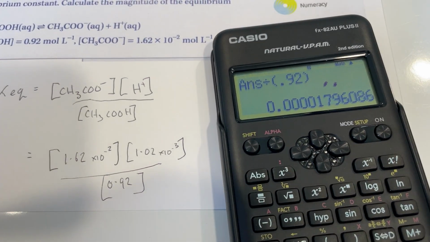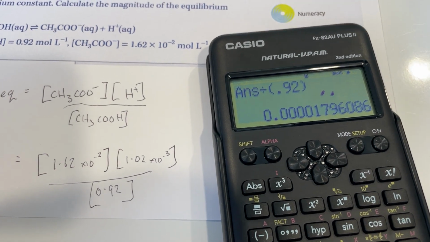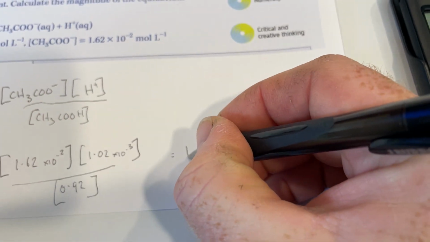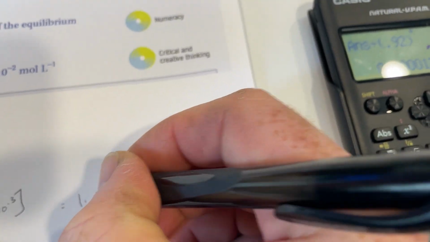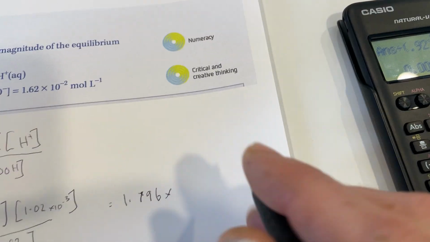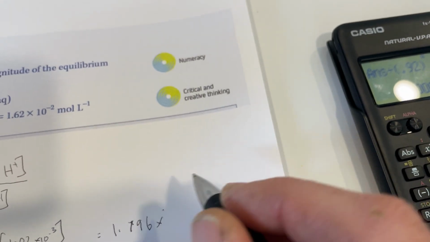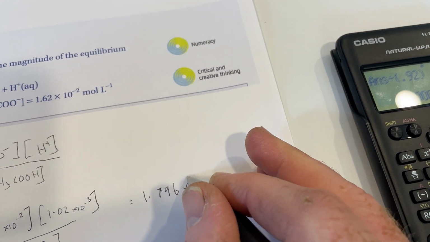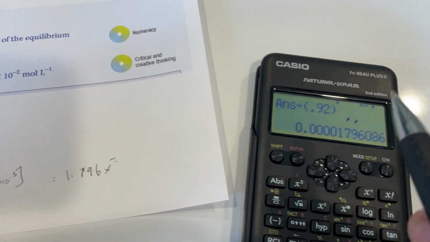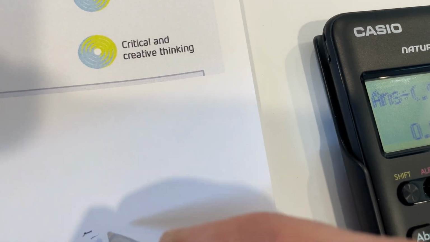I now have 1.796 times 10 to the minus 5.